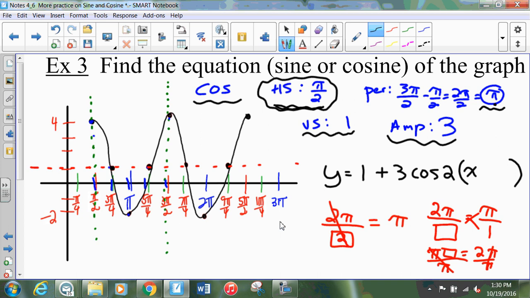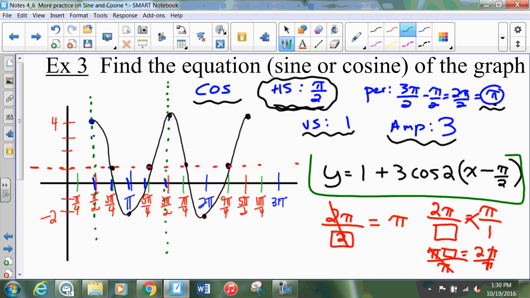And since my horizontal shift is pi over 2 and it's to the right, we put minus pi over 2. As we know, with transformations, with our normal 4 functions that we work with, it's always the opposite when it comes to horizontal transformations and horizontal shifting. So there we go. This equation right here that we just wrote matches this graph that we were just given.